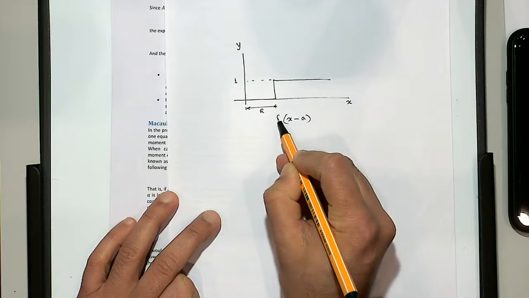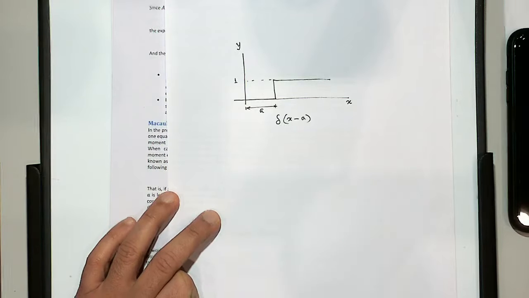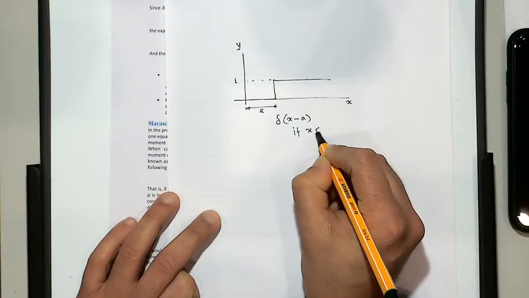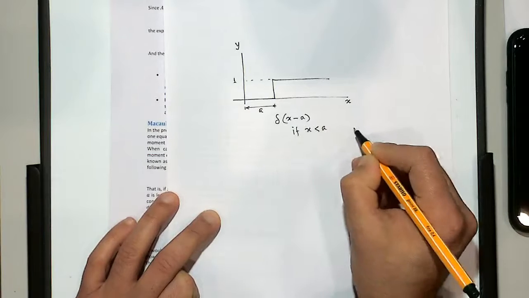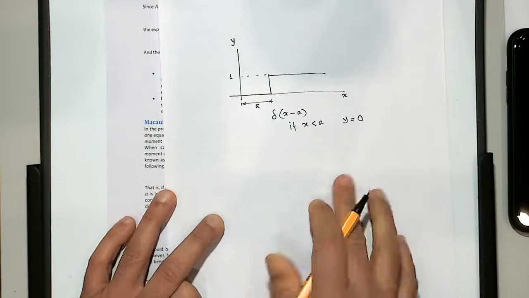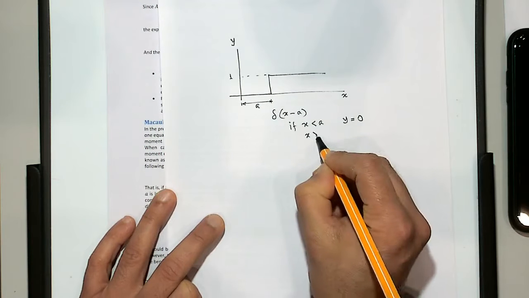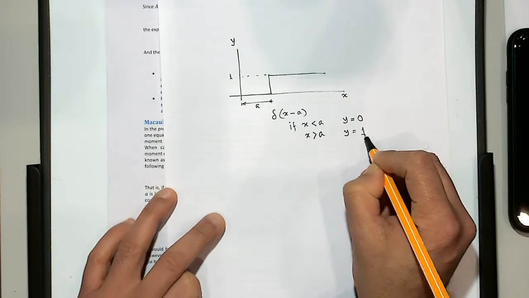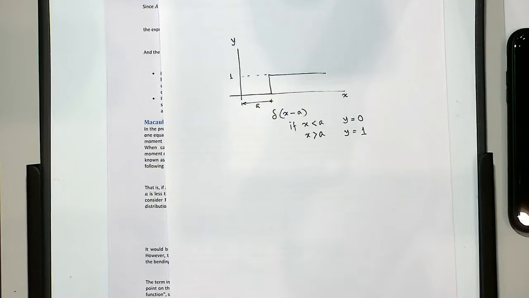What that means is that if x is less than a, then this function y would be 0, and if x is greater than a, then y equals 1. So this is the unit step function.